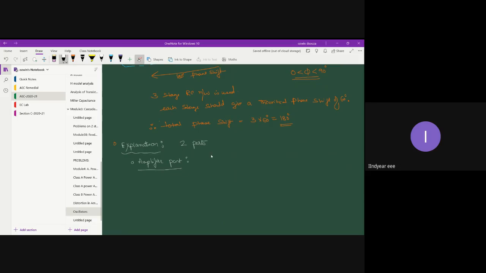The amplifier part is consisting of biasing network. And what are the elements of biasing network? Resistor R1, R2, RC, and RE constitutes the biasing network.